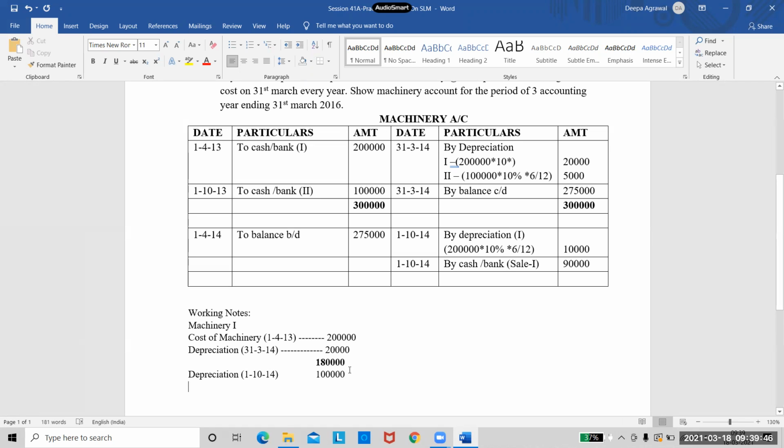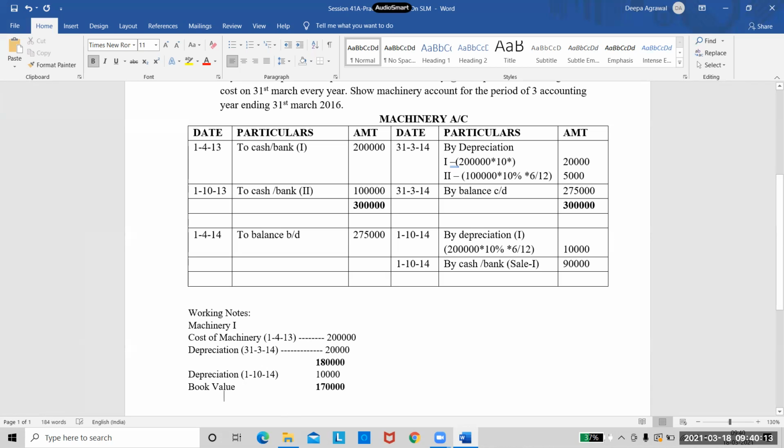If I deduct that, how much will I get? 1,70,000. So now this 1,70,000 is called my book value of machinery, right? So the book value is 1,70,000, and this book value should always be compared with the sale value.